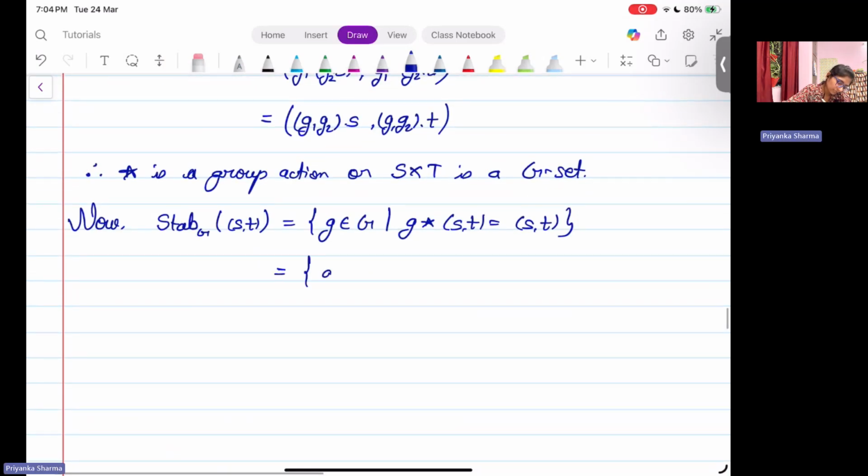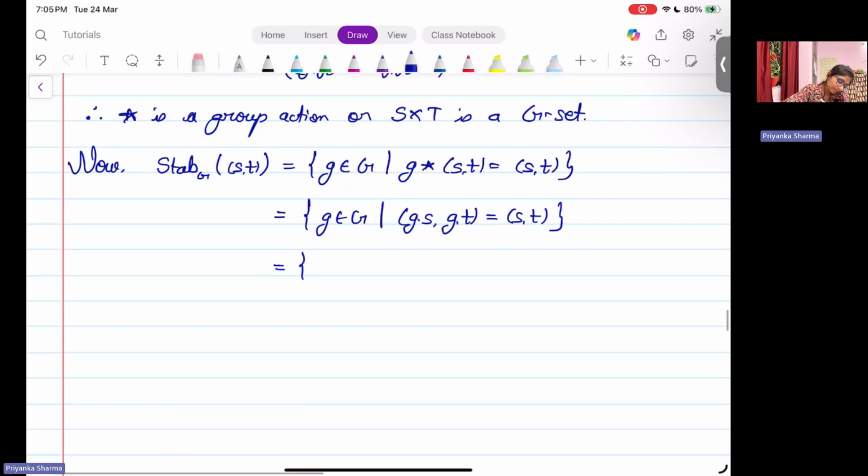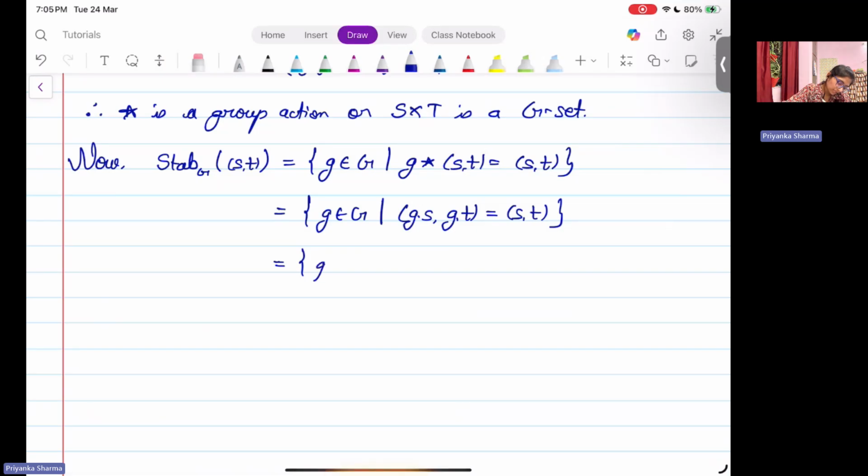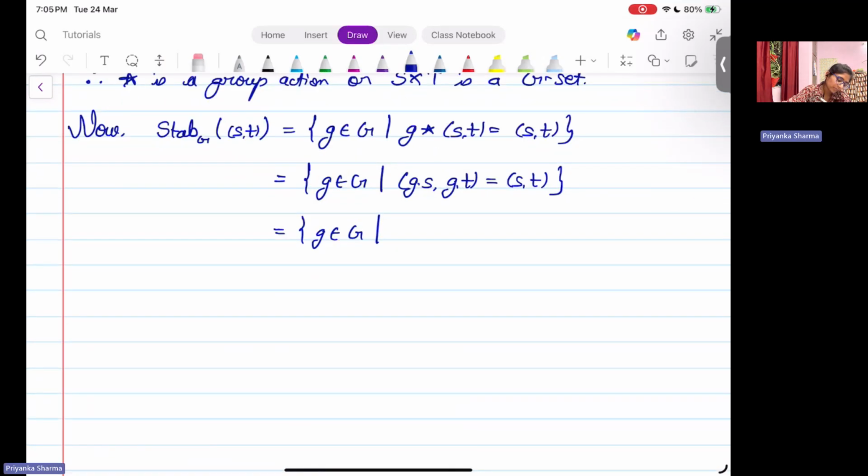By the definition of star, we get that (g dot s, g dot t) is (s, t). That is the stabilizer of (s, t). This will be the subgroup having all those group elements such that g dot s is s and g dot t is t.